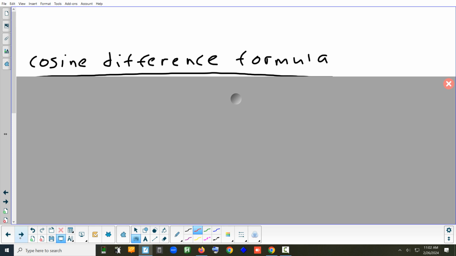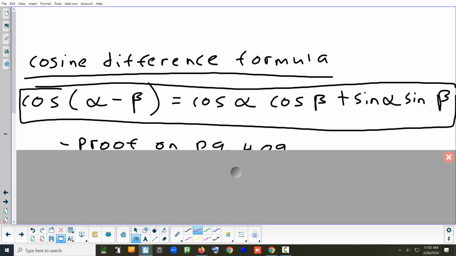It would probably take 15 or 20 minutes just to prove it. But once we have this formula, we can use it to figure out other ones quickly. So that's what I'm going to focus on: how can you use this one to figure out other ones quickly, not figuring out this one.